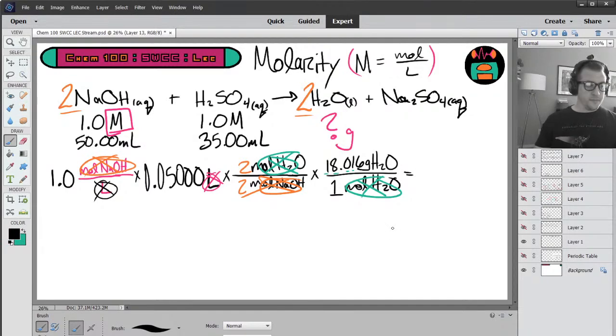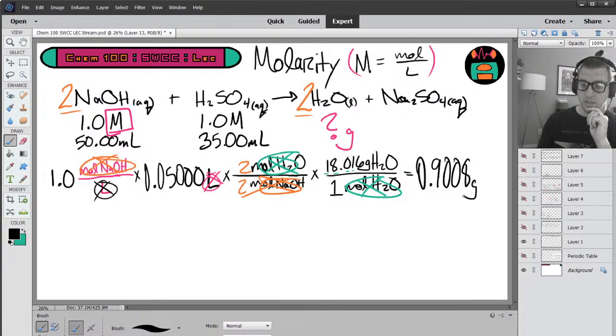All right, so let's crunch our numbers. 1 times 0.05 times 2 divided by 2 times 18.016. My calculator is giving me a value of 0.9008. This would be grams of water.